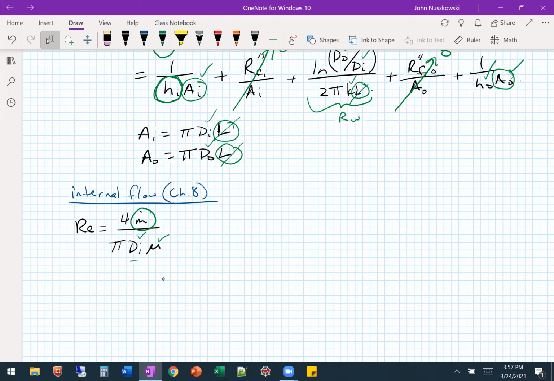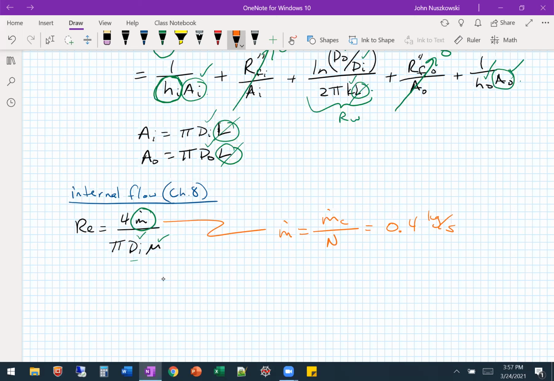So we put our mass flow rate as the mass flow rate of the cooling water divided by N. So we have 0.4 kilograms per second that we put in there.